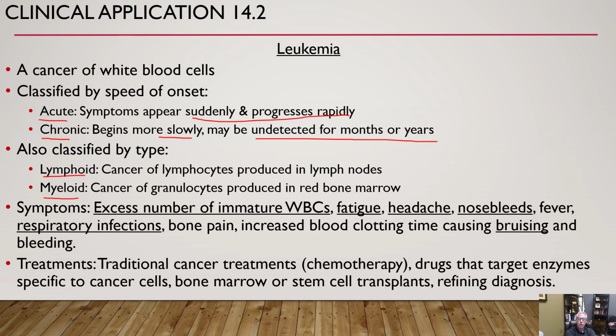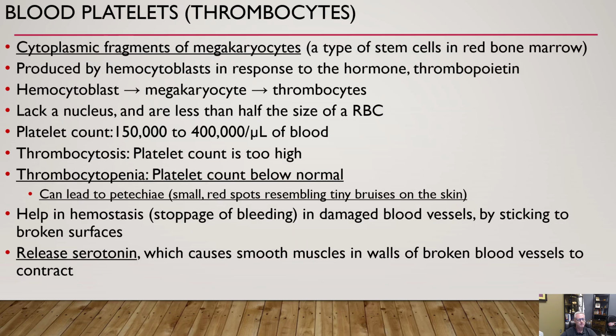We might have a normal count of eosinophils, neutrophils, basophils, and all that, but they are immature in that they are non-functional. All right, and remember that polycythemia is an elevated red blood cell count, whereas leukemia is an elevated white blood cell count.